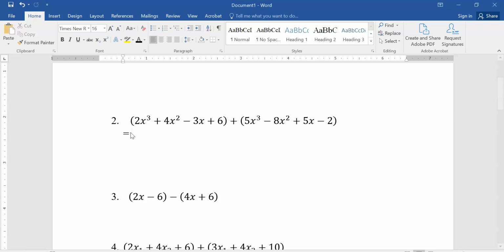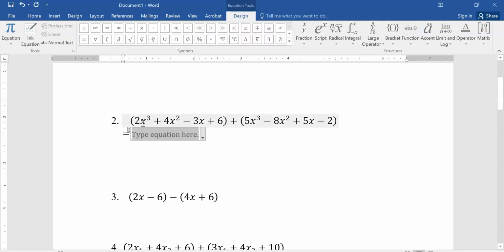All right, hopefully you did that. So problem number 2 here. We have a 2x to the third and we have a 5x to the third. When you combine that, you get a total of 7x to the third, right? So we combine the coefficients, 2 plus 5 is 7, and because they're both x to the third, you still get an x to the third.